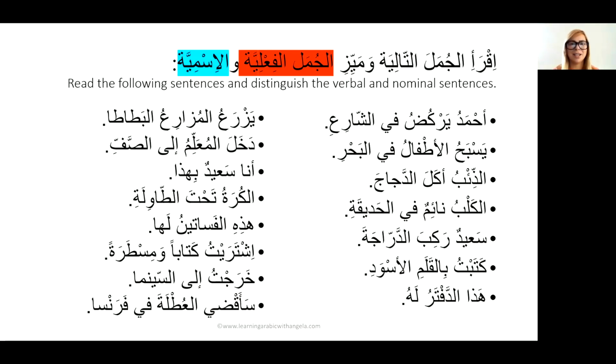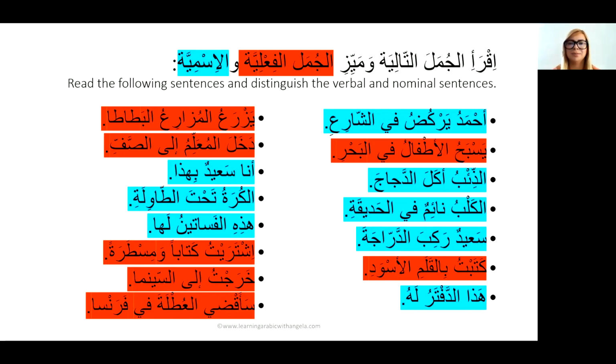Now that you have an idea where's the verb, where's the noun, what are the signs that can tell me, you can let me know now which one is a verbal sentence, i.e. it starts with a verb, and which one is a nominal sentence, i.e. it starts with a noun. Pause the screen, take your time, and let me know your answers.